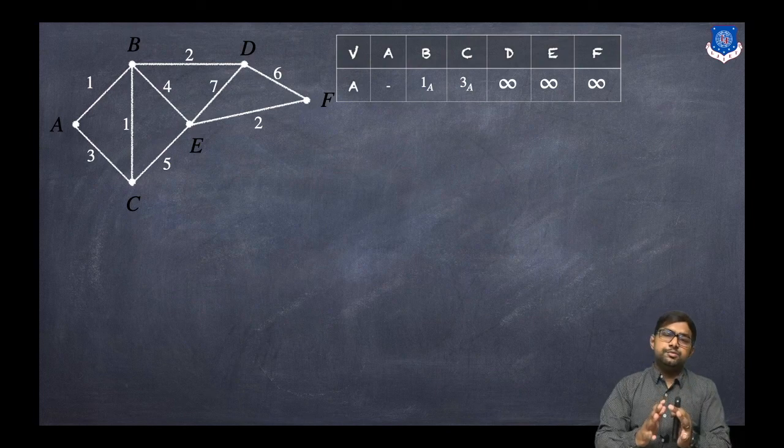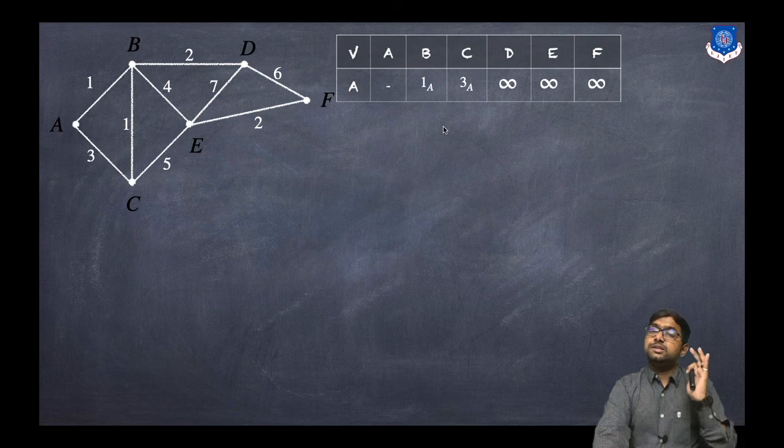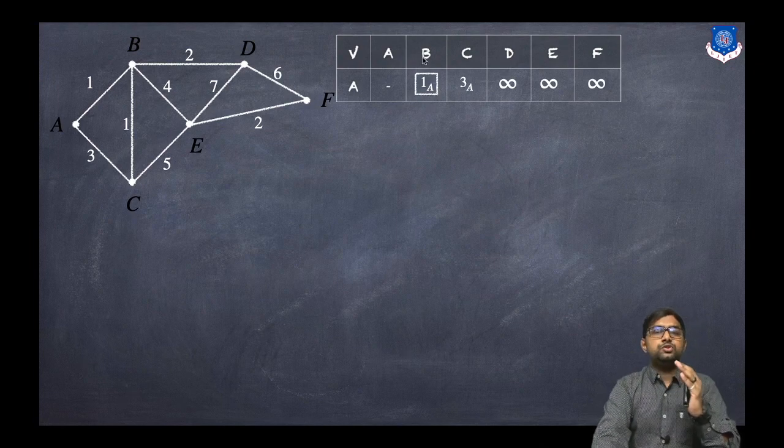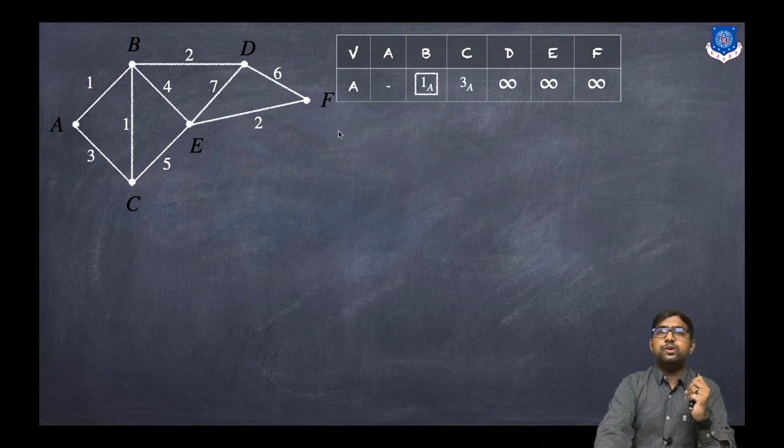So the first step is done. Now consider this row. In this row, what is the minimum distance? That is 1A, and corresponding to that, the vertex is B. So in the next row, the B vertex will be there.